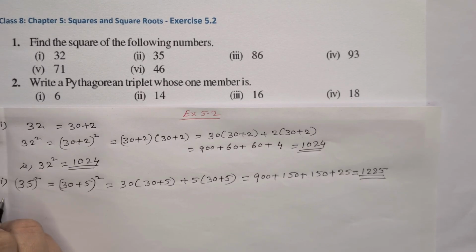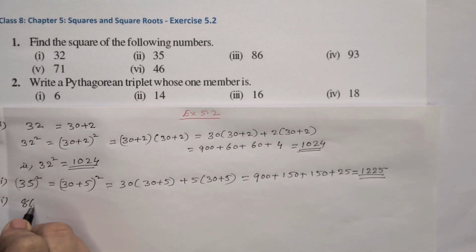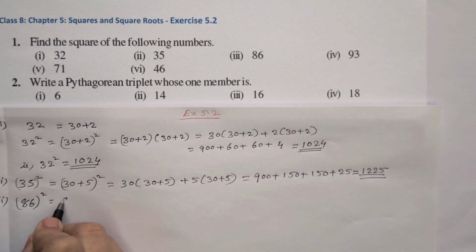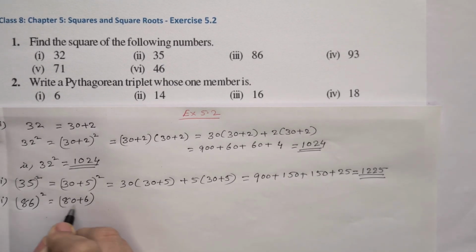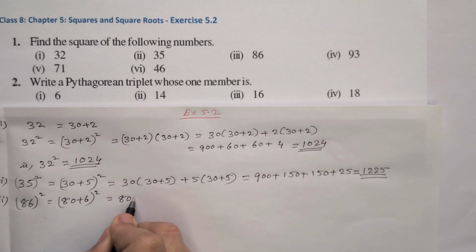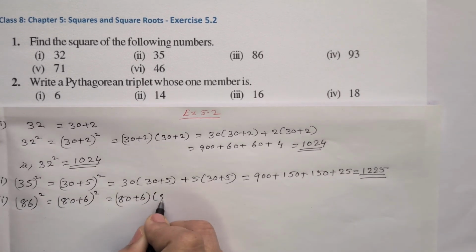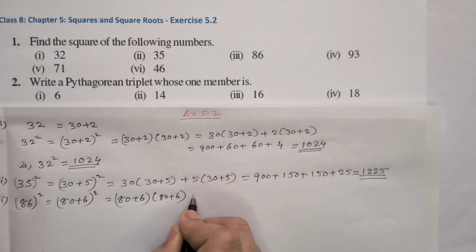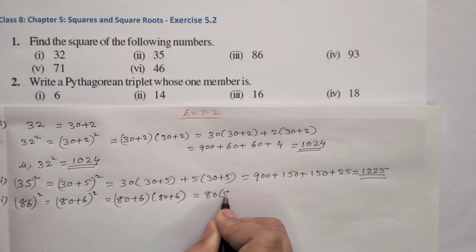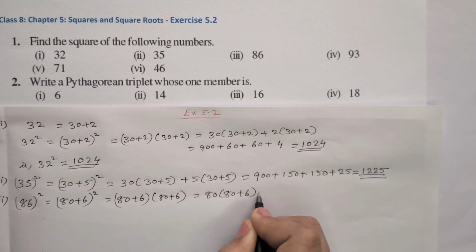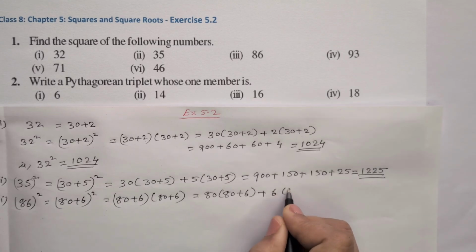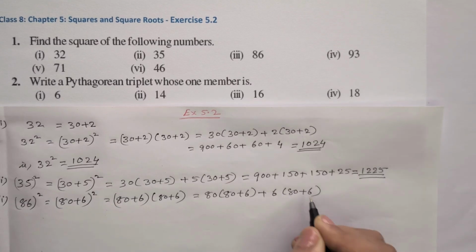Next number 86. 86 square, that means we can write that as 80 plus 6 the whole square, which is equal to 80 plus 6 into 80 plus 6. First term into the second bracket, 80 into 80 plus 6, plus second term into this bracket, 6 into 80 plus 6.